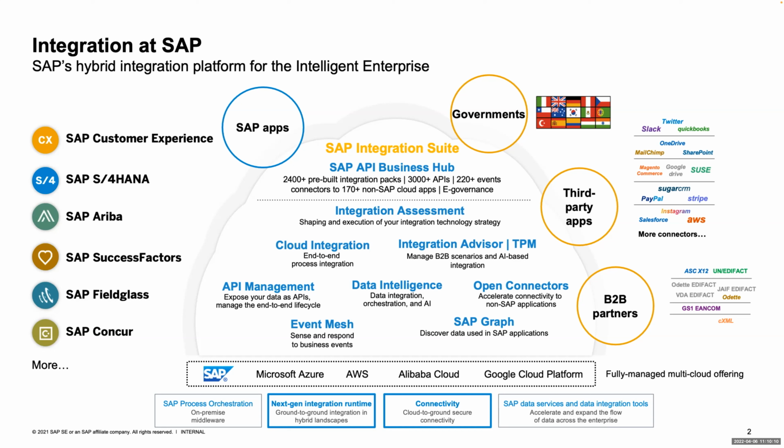And then there are other capabilities as well which are available and which work well again together with the core capabilities of integration suite, which is event mesh. So if you are looking for an event broker sensing and responding to business events, that is the event-driven architecture essentially, right? It's the new buzzword and something that the entire industry is moving towards.